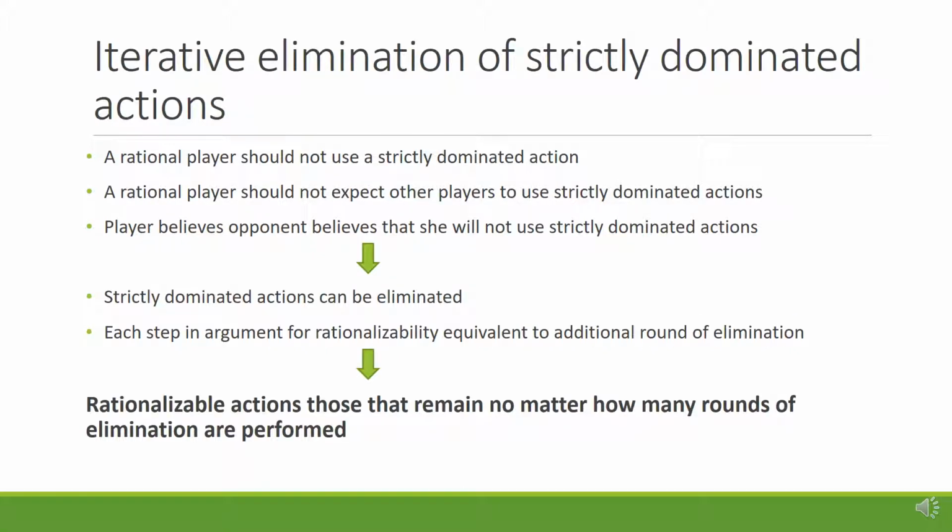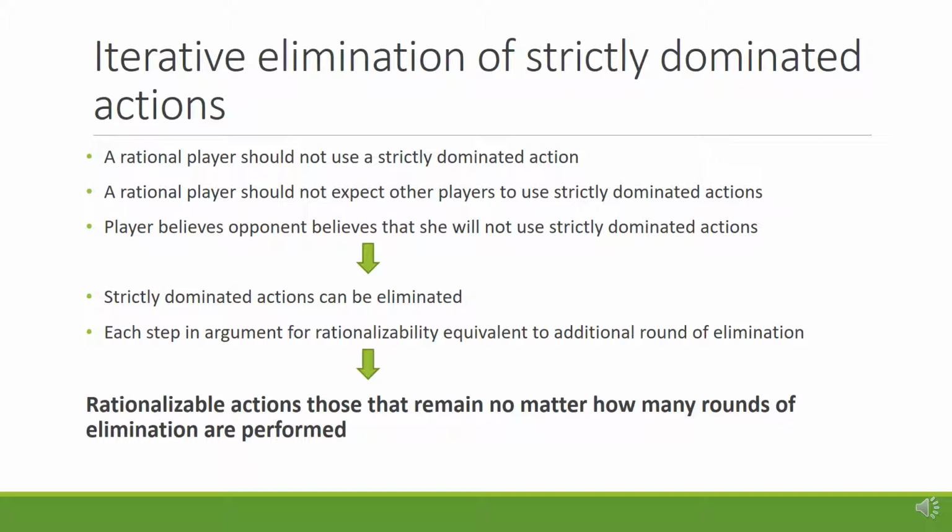The method that we follow using never best responses is called the iterative elimination of never best responses, or strictly dominated actions. Like we mentioned previously, a rational player should never play a strictly dominated action because she knows that there is some other action that will give her a strictly greater payoff than this particular action.